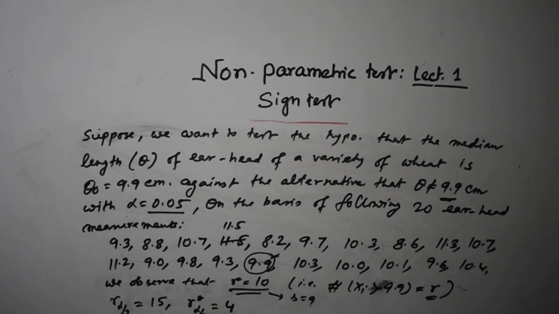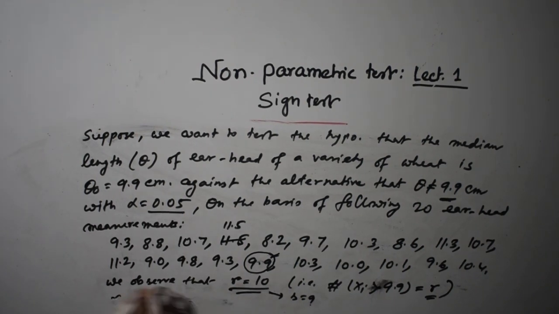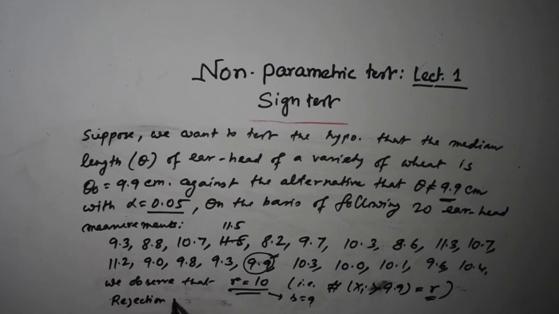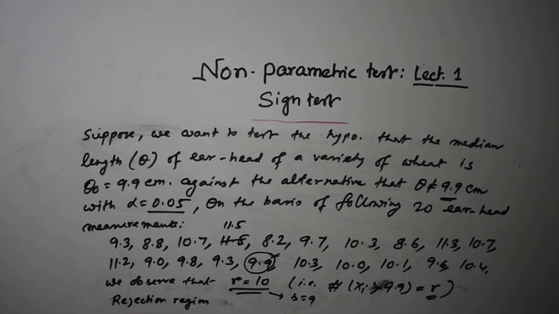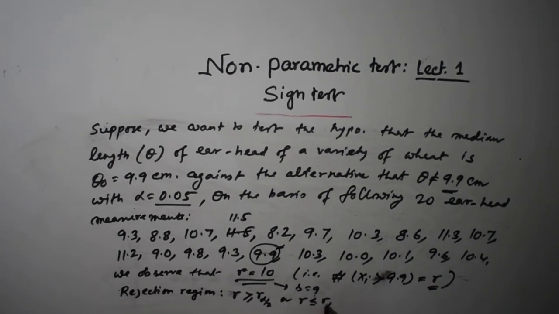So your rejection region is R greater than or equal to R alpha by 2, or R less than or equal to R star alpha by 2.